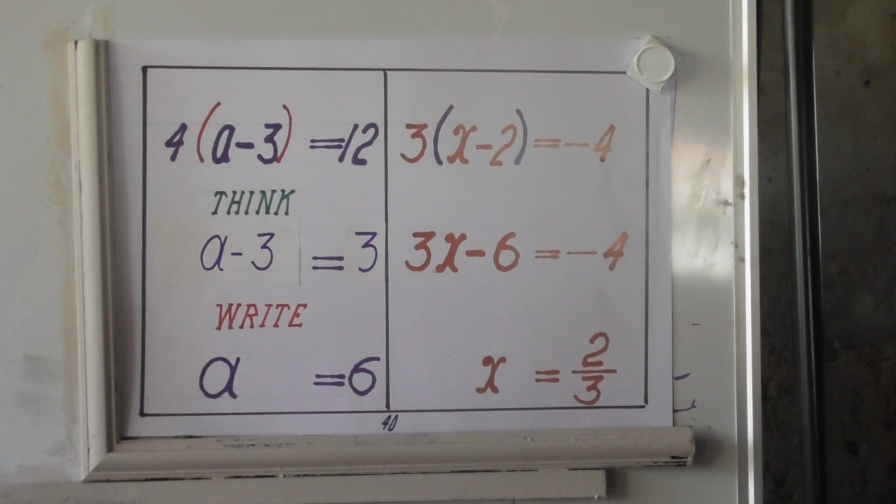So you think, of course, that the 4 cancels against the 12. And a negative 3 is then 3. Negative 3 on that side is positive 3, so a is 6, step by step. First get rid of this, then get rid of this, and we know the value of this.